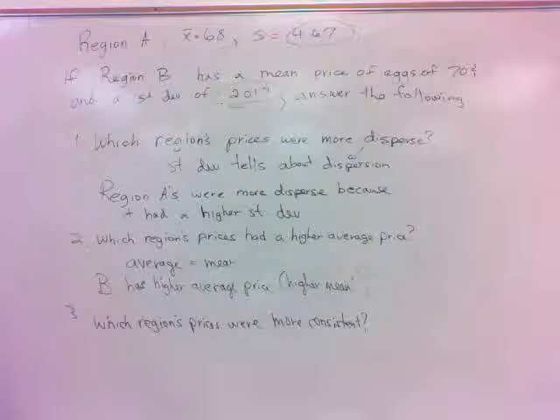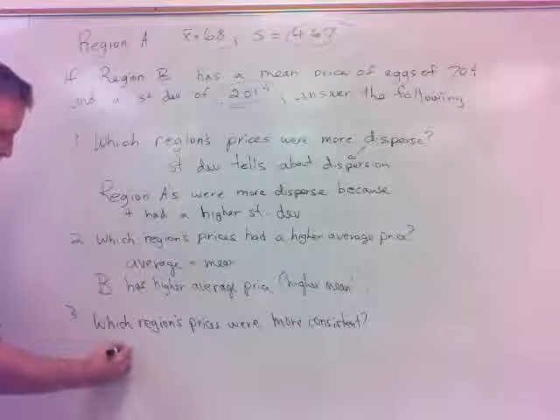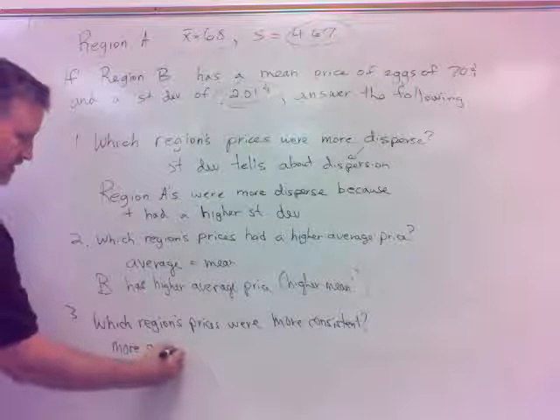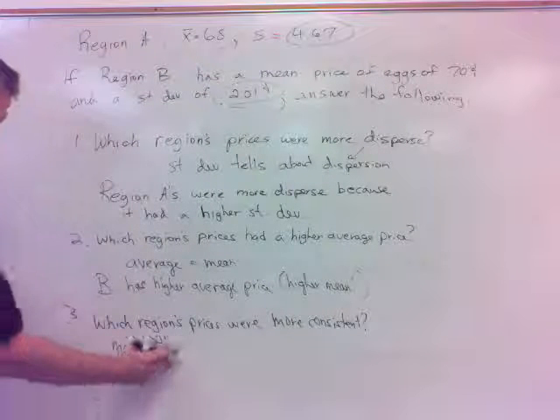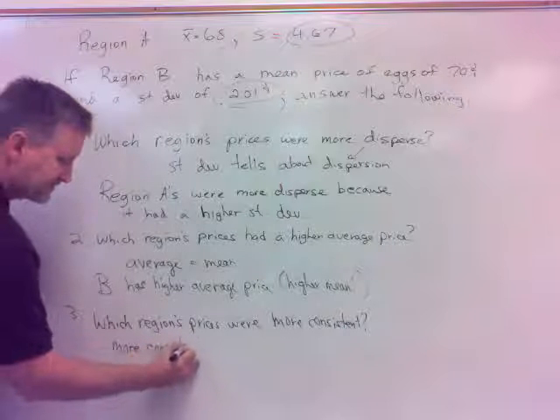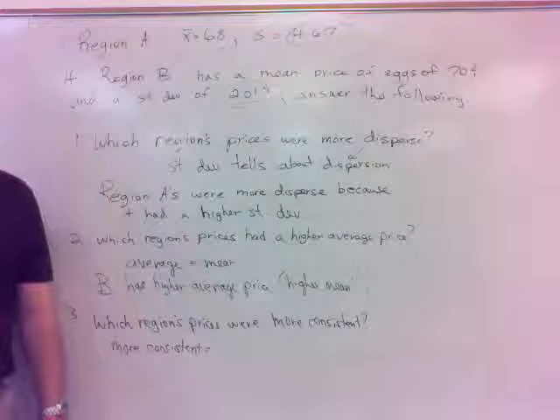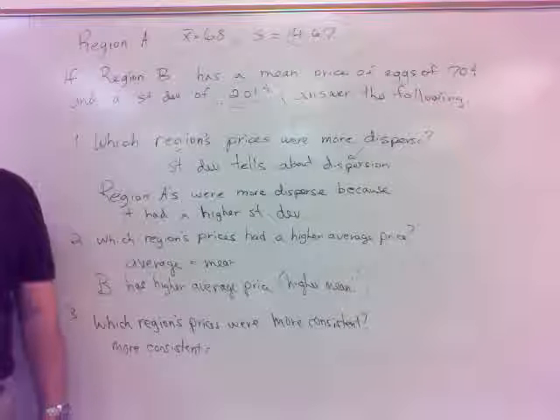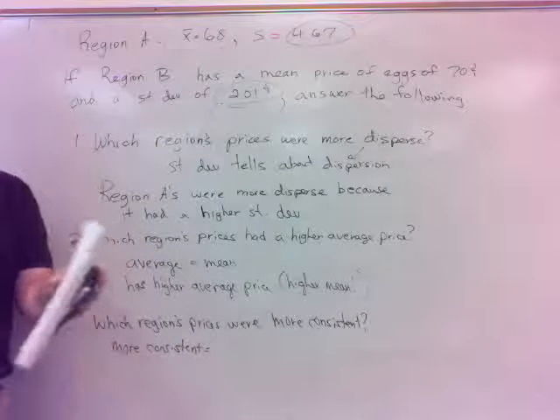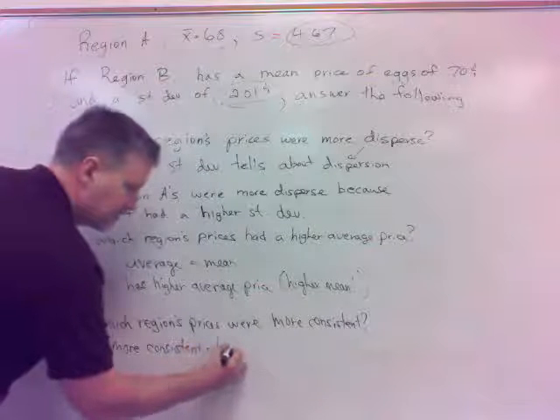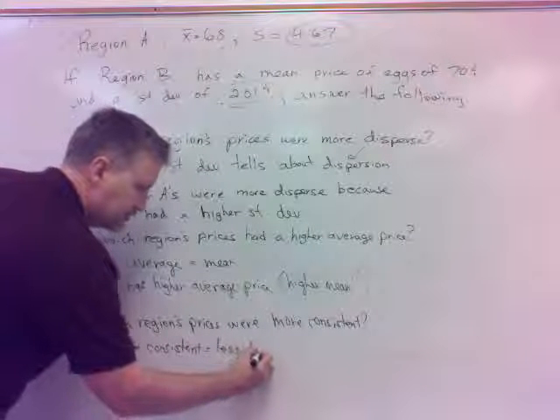So in other words, if it's more consistent, I could spell it, more consistent, wouldn't that equal less dispersion? More consistent would mean they're closer together, which means less dispersion. With me?